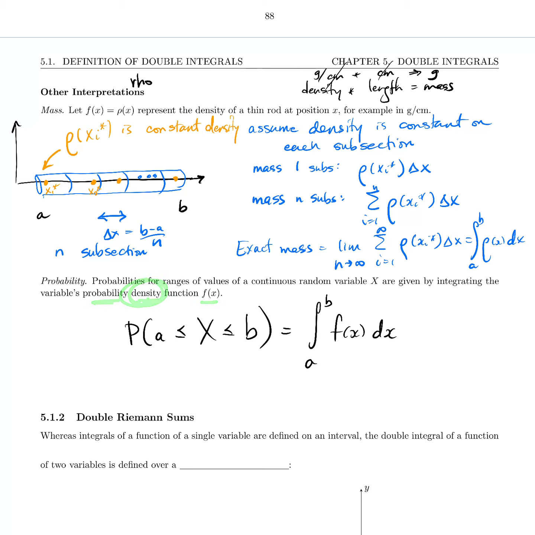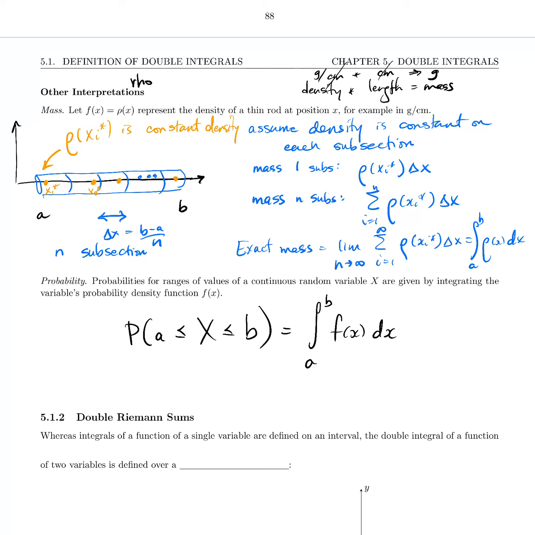Density, just like density in mass. So there is actually an analog there between probabilities and mass. The total probability is analogous to the total mass through exactly this kind of argument.